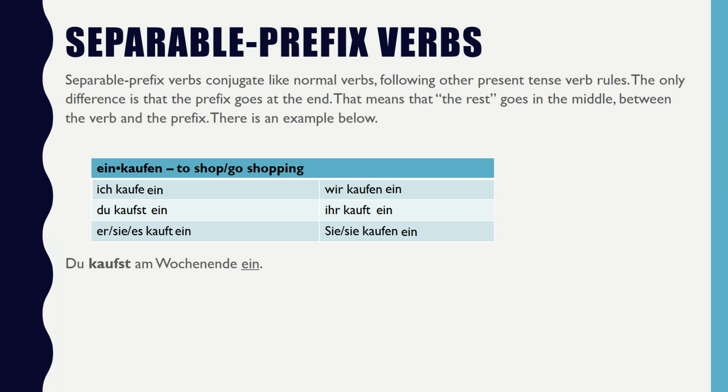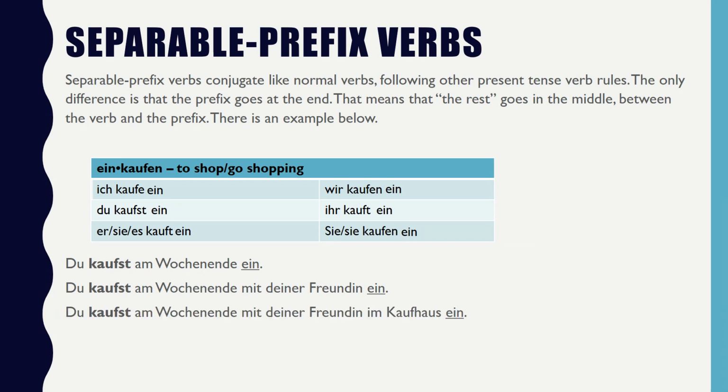Kaufst is in the second position and conjugated for the subject, and the prefix ein is at the end. Another example is Du kaufst am Wochenende mit deiner Freundin ein. You shop on the weekend with your friend. Kaufst is still in the second position and ein is still at the end.